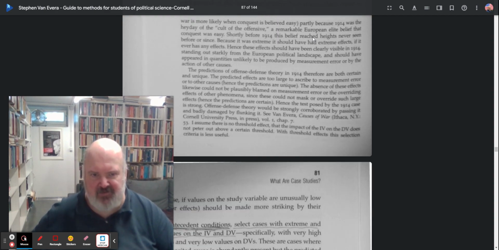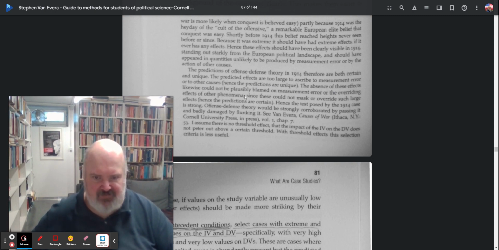Hence, these effects should have been widely visible in 1914, standing out starkly from the European political landscape, and should have an appearance and quality unlikely to be produced by measurement error or by the actions of other causes. The predictions of offensive theory in 1914, therefore, are both certain and unique. The predicted effects are too large to ascribe to measurement error and to other causes, hence the predictions are unique.